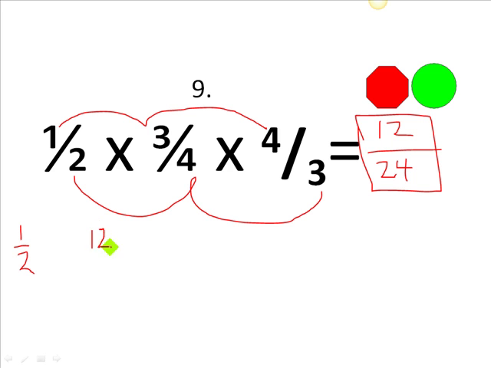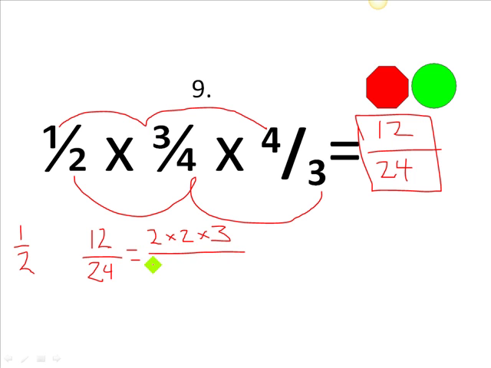So we have 12 over 24, and you can just factor that. 12 is the same thing as 3 times 4, and 4 is the same thing as 2 times 2. So factoring this is just 2 times 2 times 3, because 2 times 2 is 4, and this is 3, that's 12.